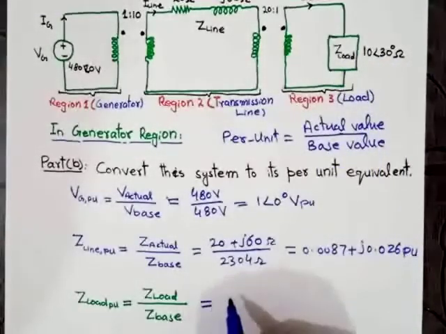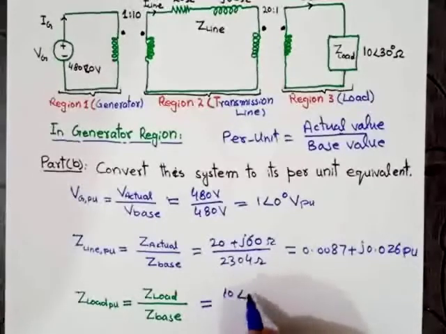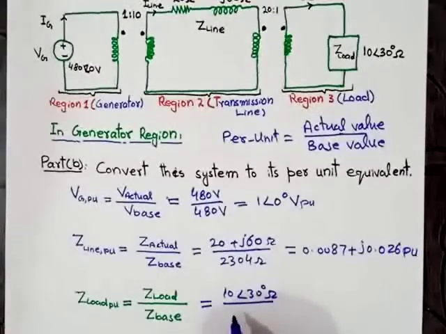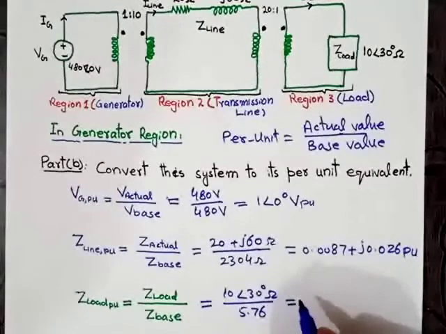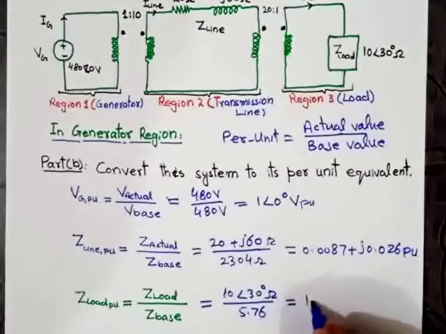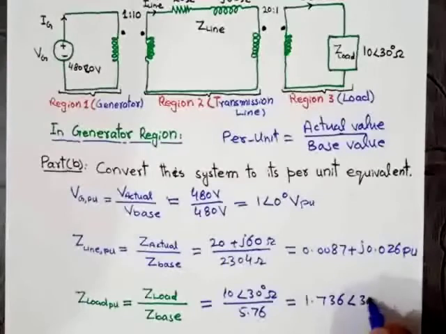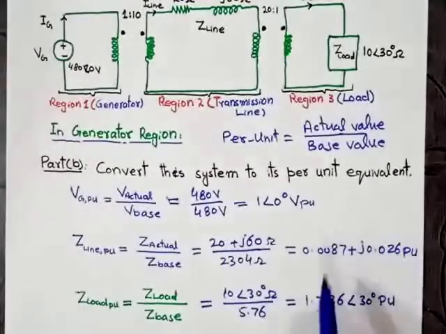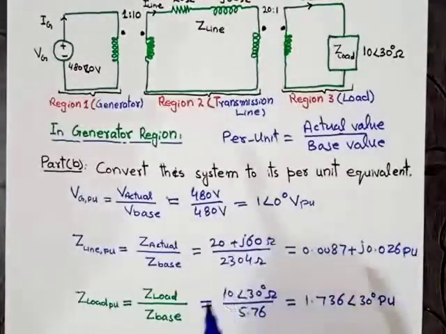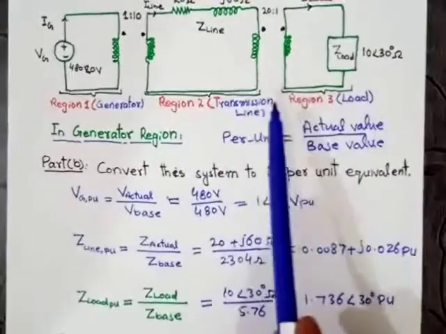Putting the value of actual Z load equal to 10 angle of 30 degree divided by the base value of region 3. The base value of region 3, as we have already calculated, is equal to 5.76. After solving this equation, we get the per unit value of the load impedance equal to 1.736 angle of 30 degree per unit. So these are the per unit values of the given system.